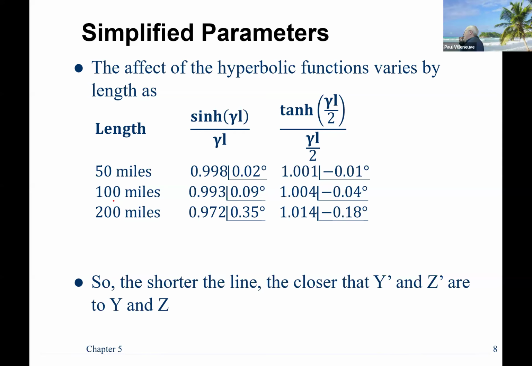I go to 100 miles, and I can see that it still is pretty close to 1 at an angle of 0 for both numbers, right? I'm off by 0.007 and 0.004. Once I get to longer line lengths, now I'm off by 3% or 1.4%. So now that's too long.